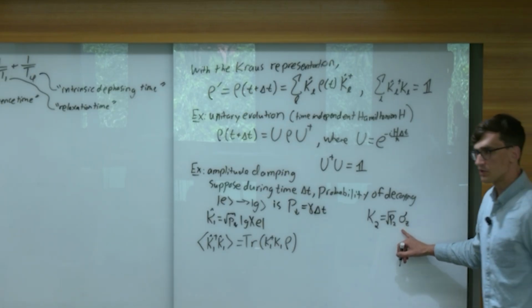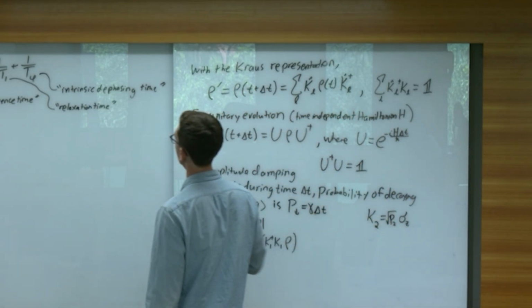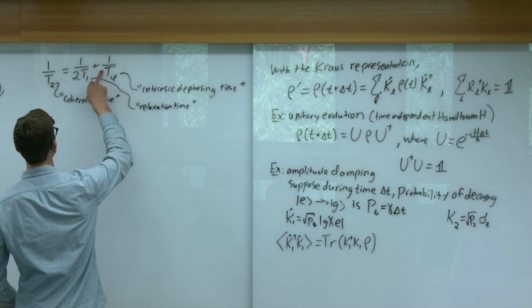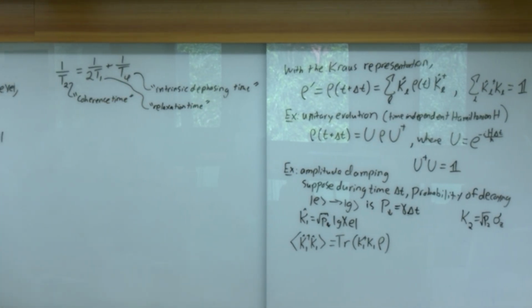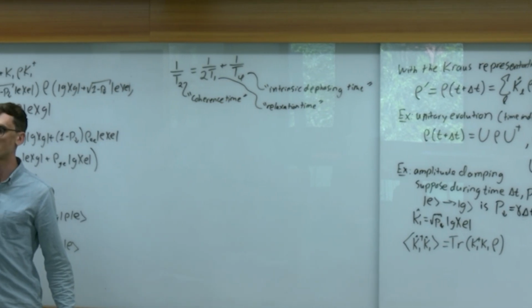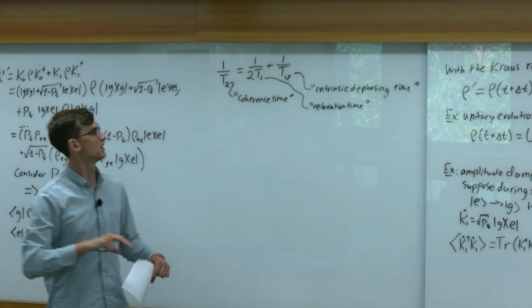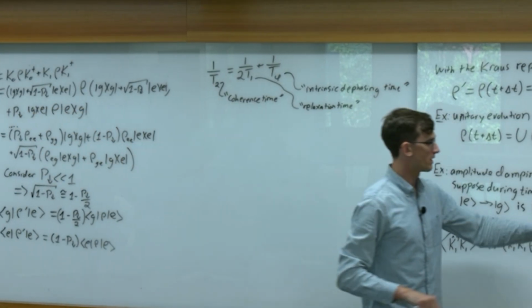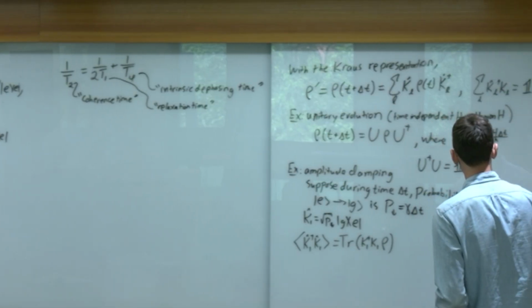This would contribute to the intrinsic dephasing time. This wouldn't cause any jumps between the 0 and the 1, or the G and the E states, because this is a diagonal operator. Forgot the hats again.